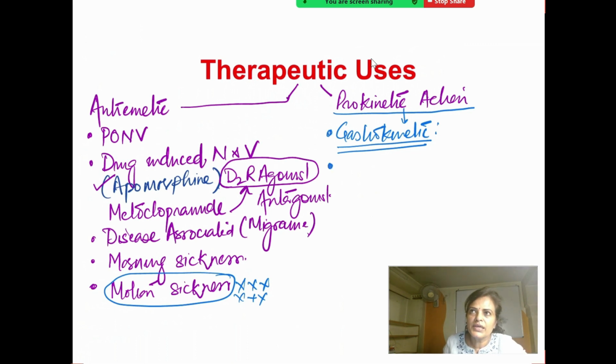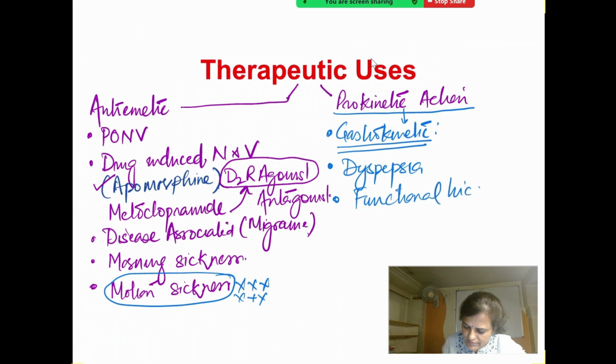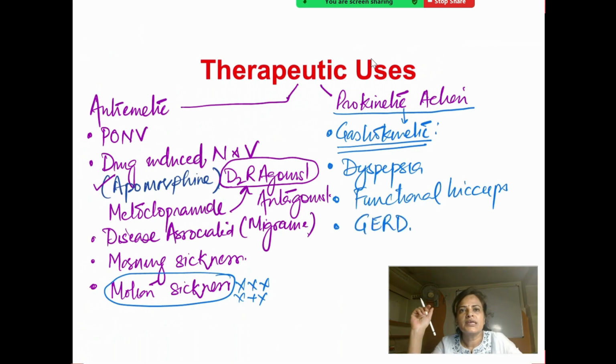Then where else can we use this one? It can be used in indigestion or dyspepsia. Then functional hiccups, and another is GERD, that is gastroesophageal reflux disease. What is gastroesophageal reflux disease?